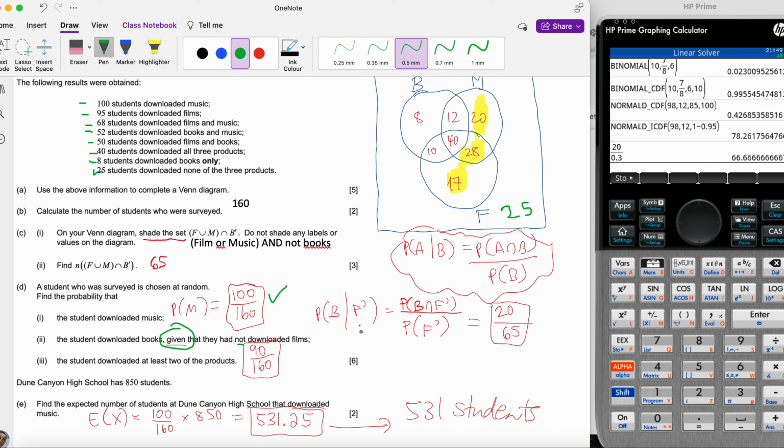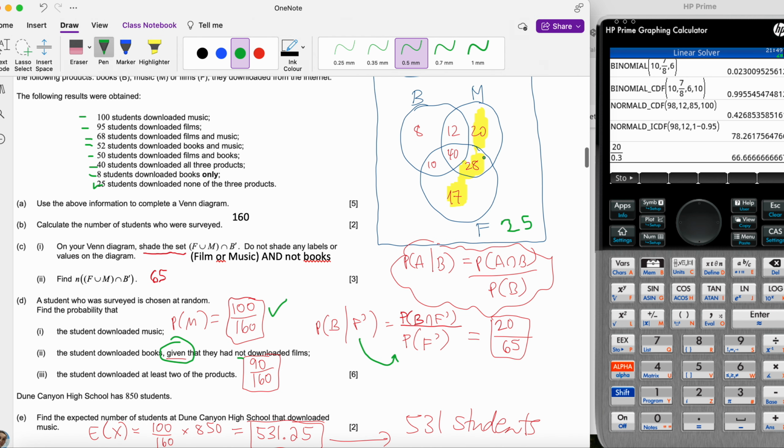Remember, given that they did not download films, so books but not films, your sample space becomes everything that does not include films, which is of course this, and this. So what's that? 20, 40, 65, right? Yes, correct. And now out of these, where are the books? Here. So there's the 20.